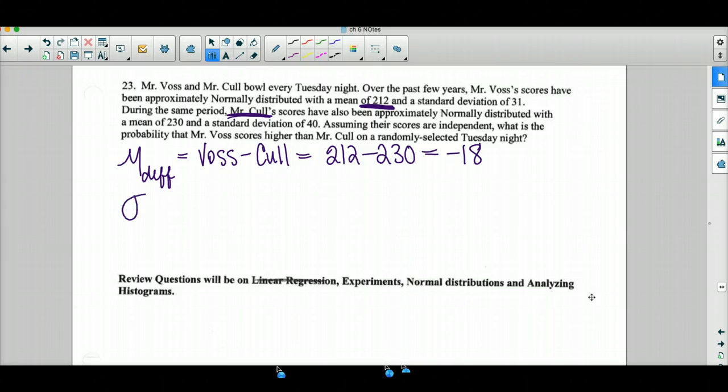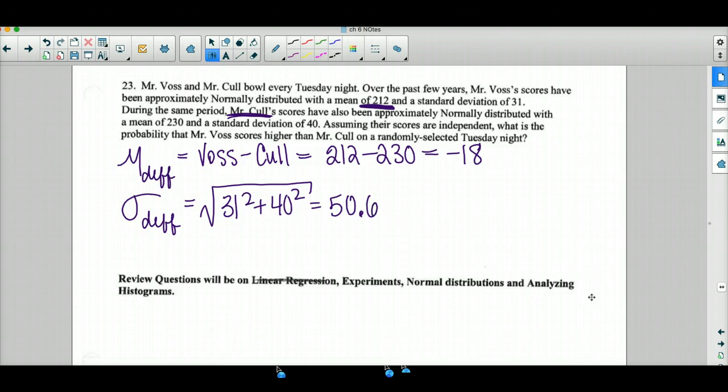The standard deviation of the difference is the square root of 31 squared plus 40 squared. You never subtract standard deviations. So my standard deviation is 50.61.